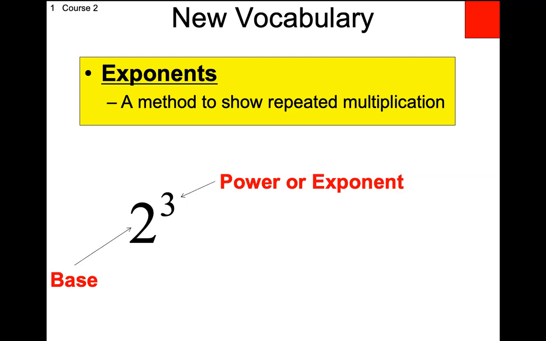All right, Jackson said he's going to tell me the number one mistake that students make. What's the number one mistake that students make? It is not 2 times 3. It is 2 written 3 times.